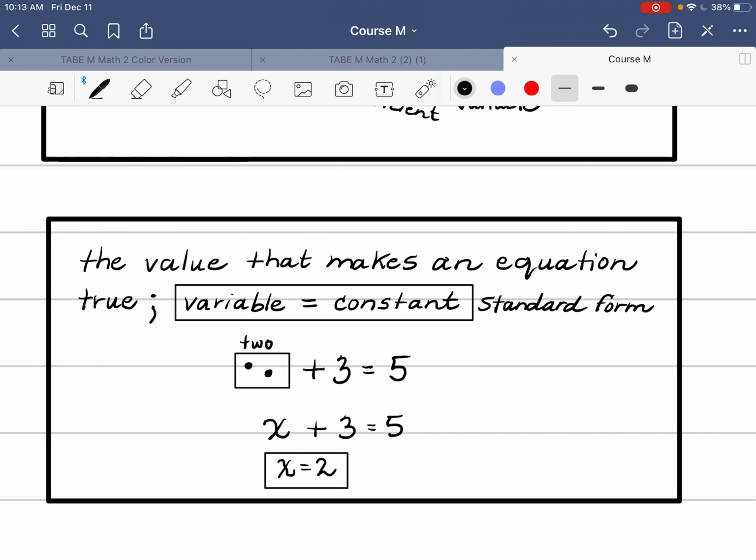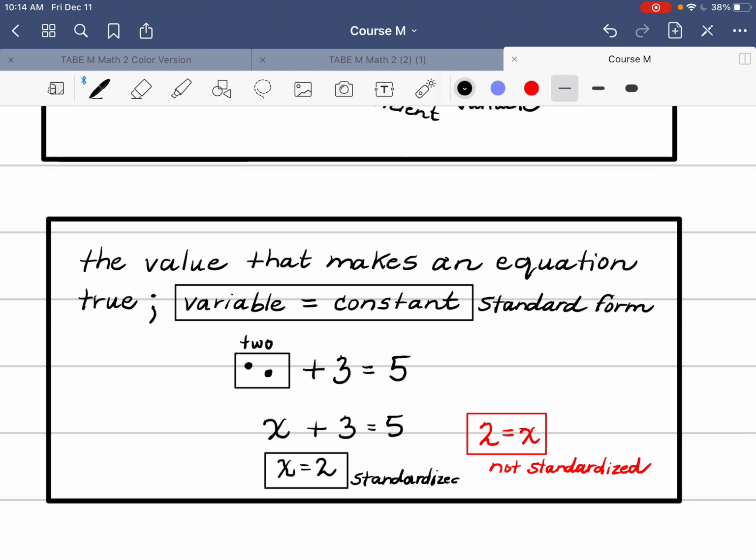Now I could say 2 is the X. That's perfectly true. It is perfectly legal in math. This is just not standardized. It's not in standard form. Standard form puts your variable first. Most college professors, if you're planning to go on to college, they want the answer in standard form.